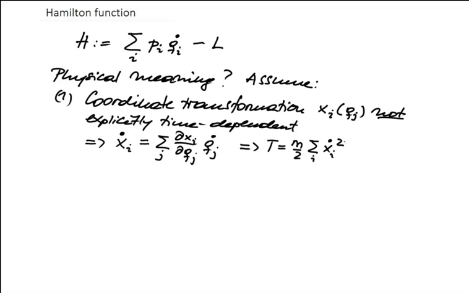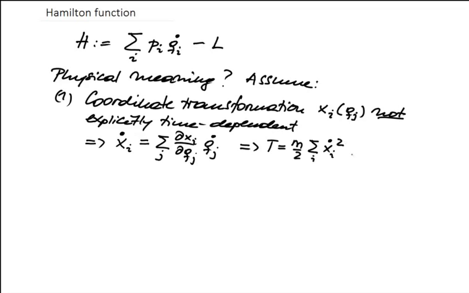When we insert the previous result, we express the xi dot as a linear combination of the qj dot. Then we find that expressed in the new generalized coordinates, the kinetic energy is bilinear in the qj dot.